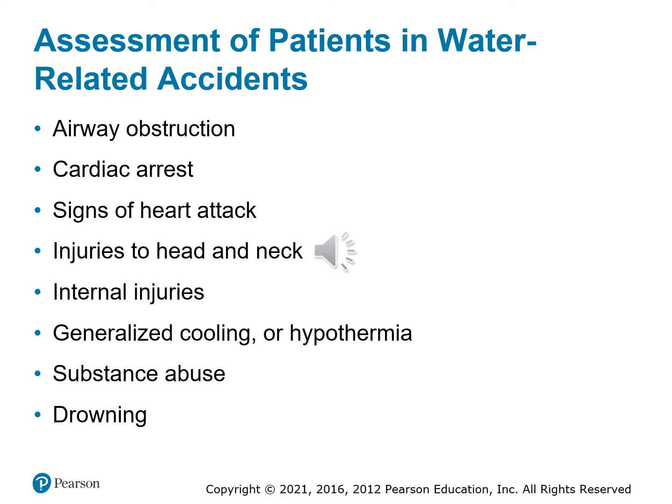We're looking for cardiac arrest, which is often a result of respiratory arrest that occurs during the drowning process. As far as signs of heart attack, don't dismiss chest pain as being cramping or something along those lines. If the patient's having chest pain, then you need to treat it as a potential cardiac issue because heart attack is possible.